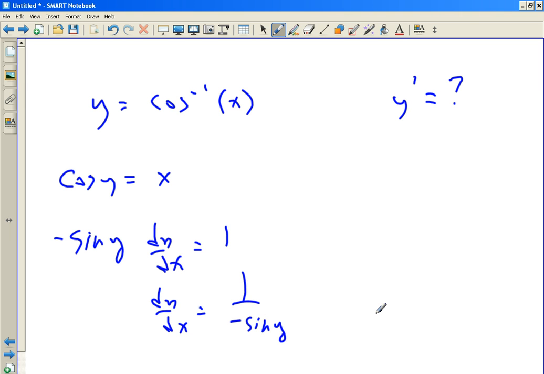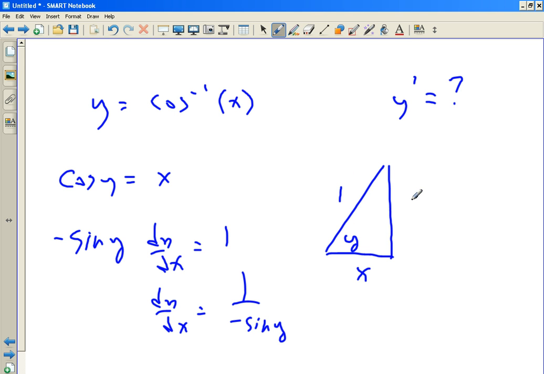Can you rewrite that in terms of x? Sure you can. Construct a right triangle. Now remember, y is the angle whose cosine is x. Adjacent over hypotenuse has to be x, because that's the cosine. But I want the sine, so don't I need the opposite over the hypotenuse?